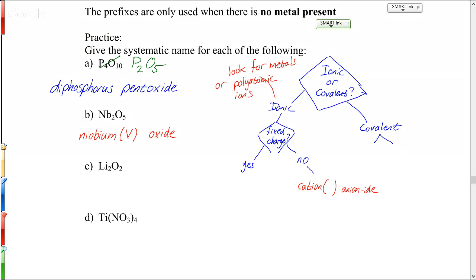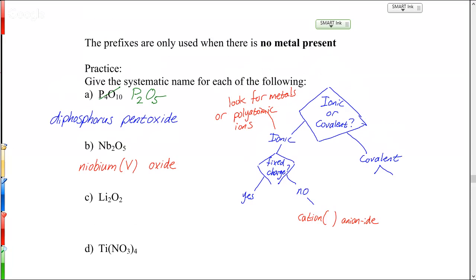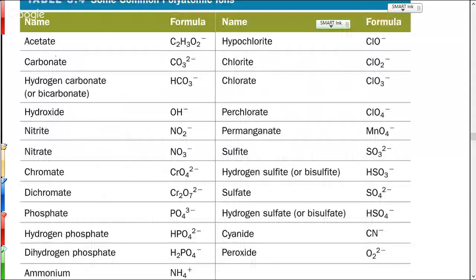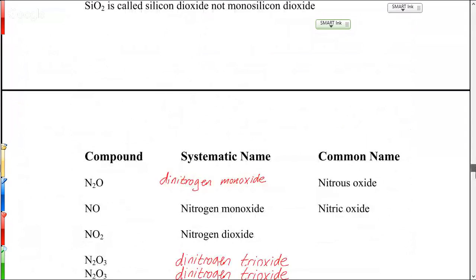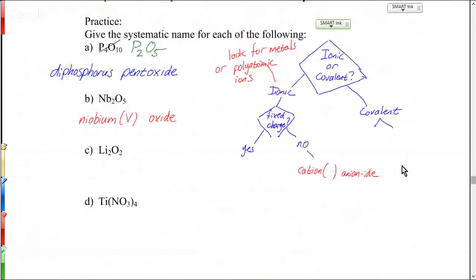Yeah, O2 is actually a polyatomic ion. Let's go back up to our chart here. Right here, peroxide is O2 2-. So this is lithium peroxide.